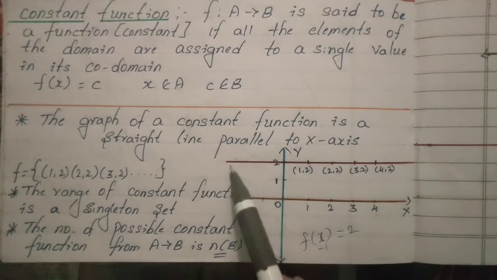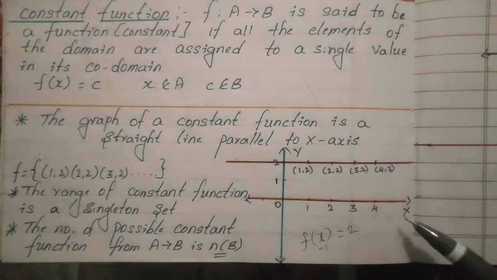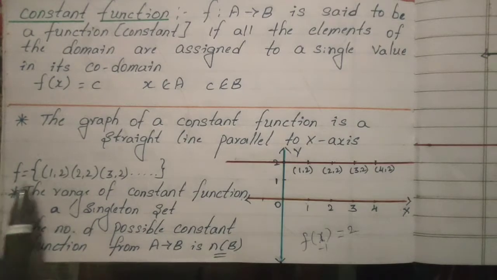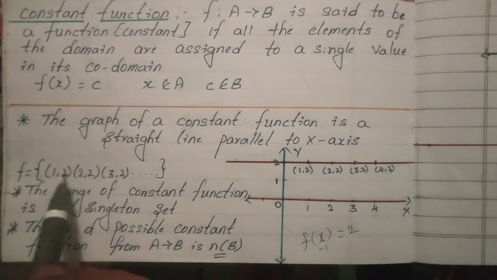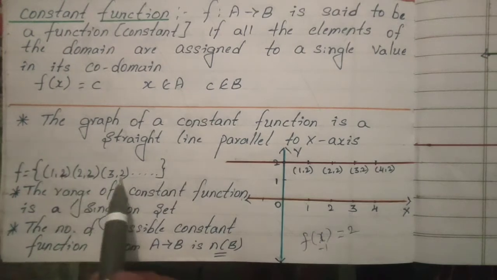Now, this line is parallel to the x-axis. See, the function f: 1 comma 2, 2 comma 2, 3 comma 2. Here look at the range.